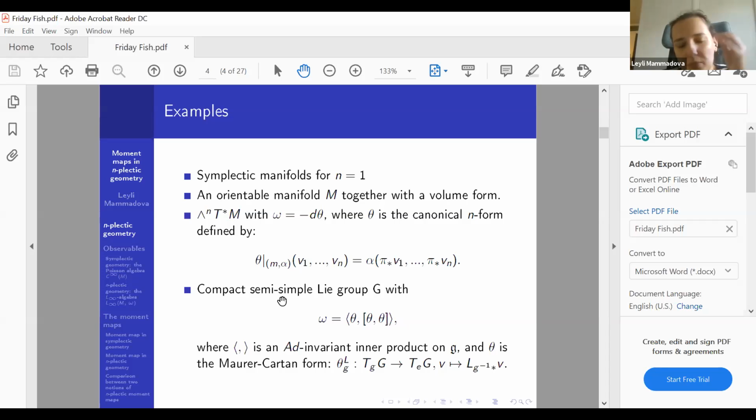My big goal was to look at all the existing examples of moment maps in the literature, which are different not only in terms of the codomain, but also domain, and see if I can make a map between these, but I haven't thought about that yet, not the ones with group valued, but that's an interesting question. Yeah, there are lots of questions.